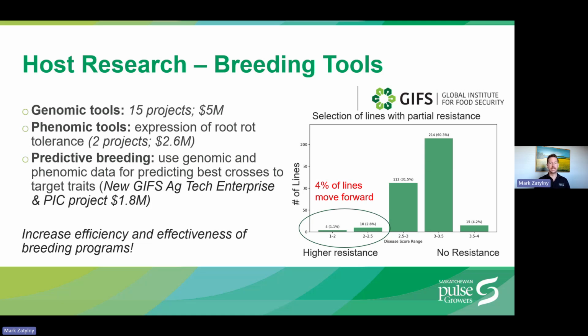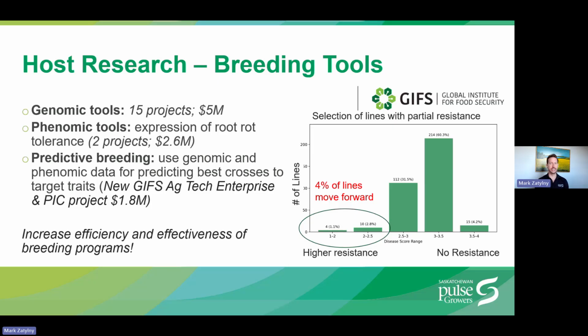The third tool is then taking all of this into predictive breeding. This is where both the genomic and the phenomic data will be used to create a model that will predict which crosses to make to have the most success in breeding programs. This project is led by GIFs and funded through Protein Industries Canada, as well as the crop commissions, including SPG.